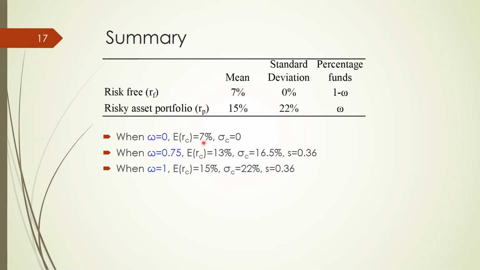In all cases, as long as omega is greater than 0, the Sharpe ratio is equal to 0.36. So when we allocate between one risk-free and one risky asset, the Sharpe ratio will always be equal to that of the risky asset.